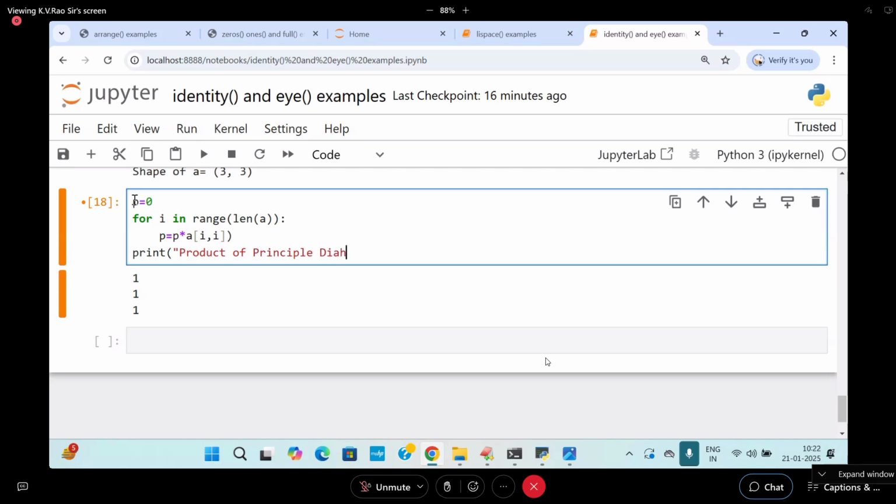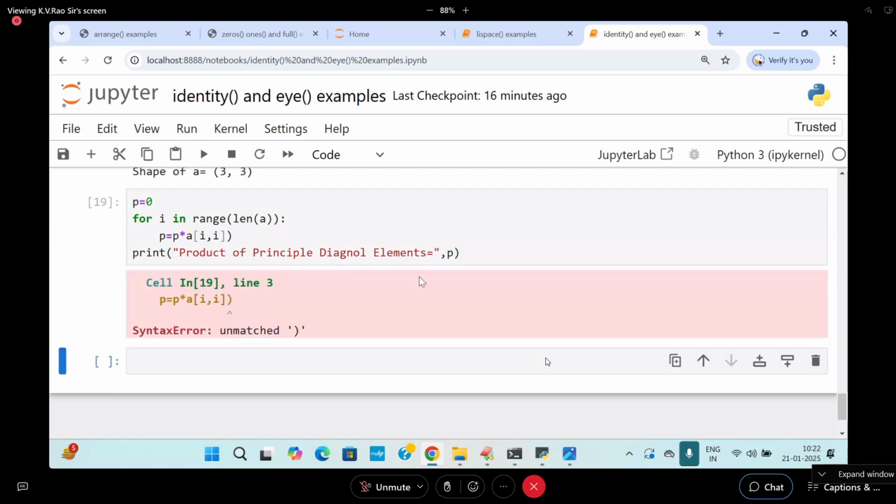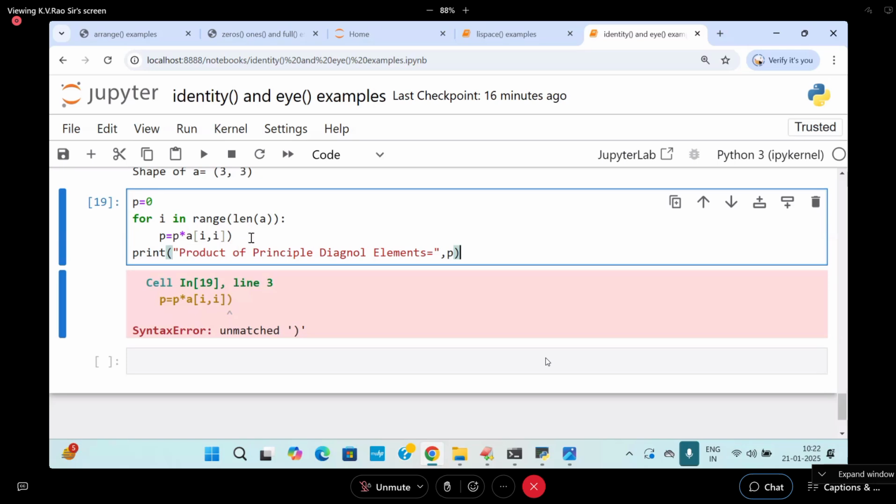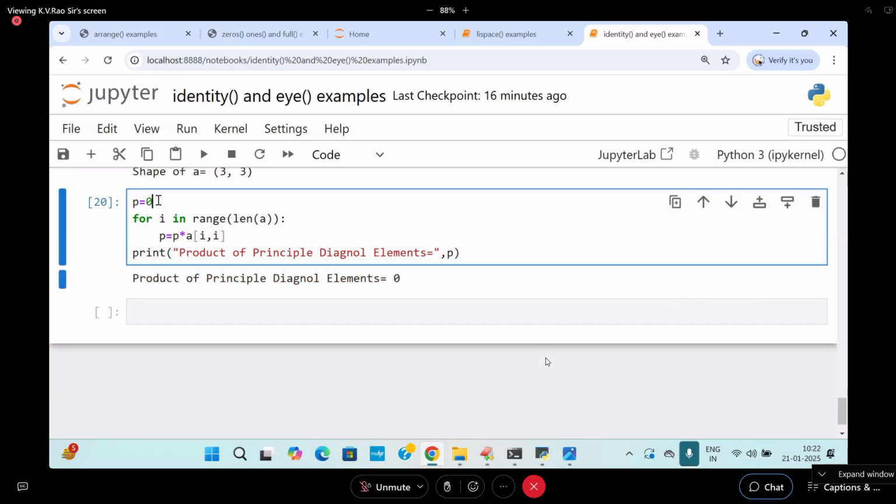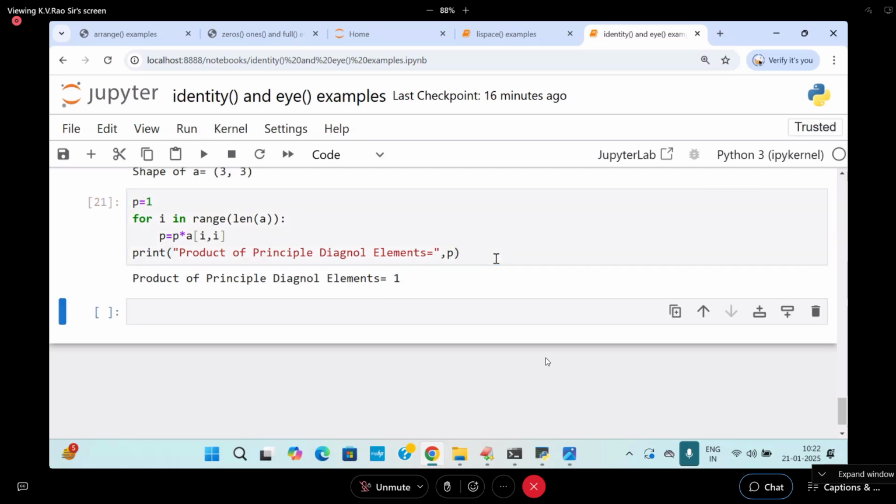Principal diagonal elements, comma P. I'll write it. That part I will remove. It is equal to 1. Product, now I'm doing product. So it is going to be called 1.